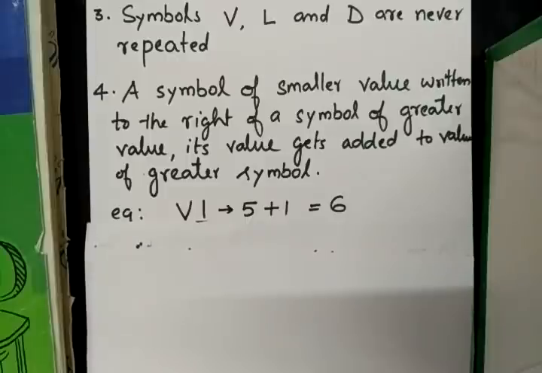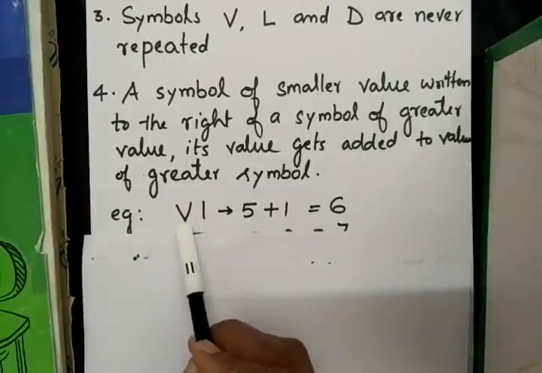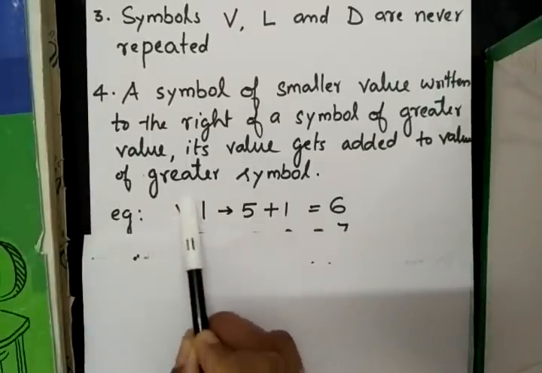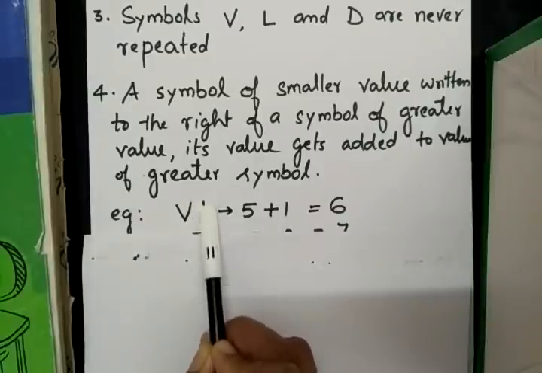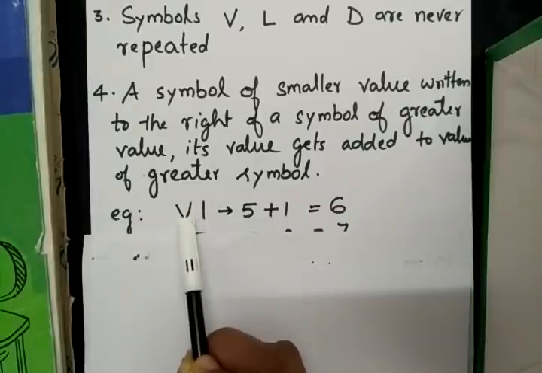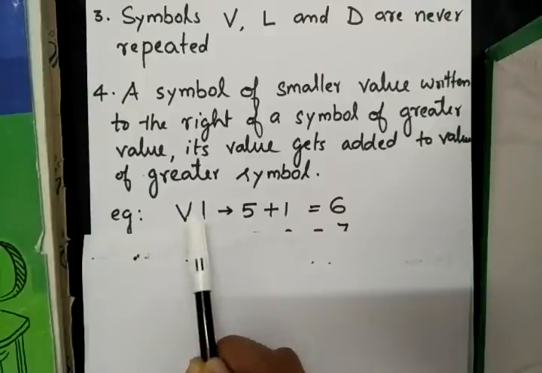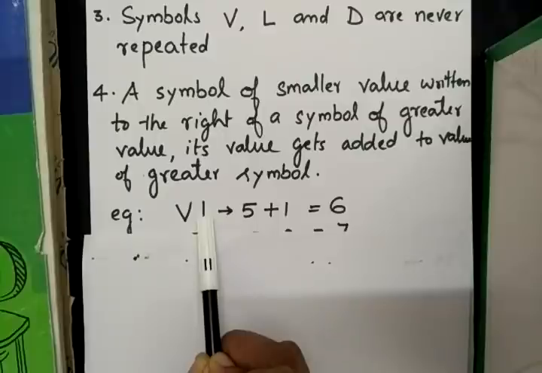Here you see I have written this symbol, you know what it is. This is the symbol for 5, and this is the symbol for 1. Here 5 is the greater value and 1 is the smaller value. The smaller value is written on the right side of the greater value. Correct?